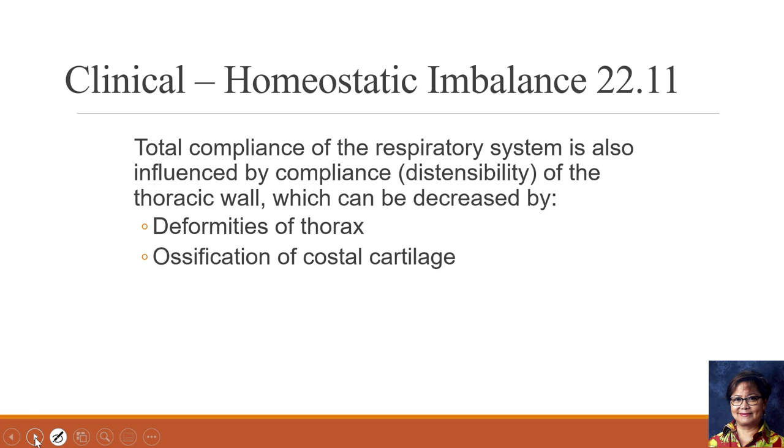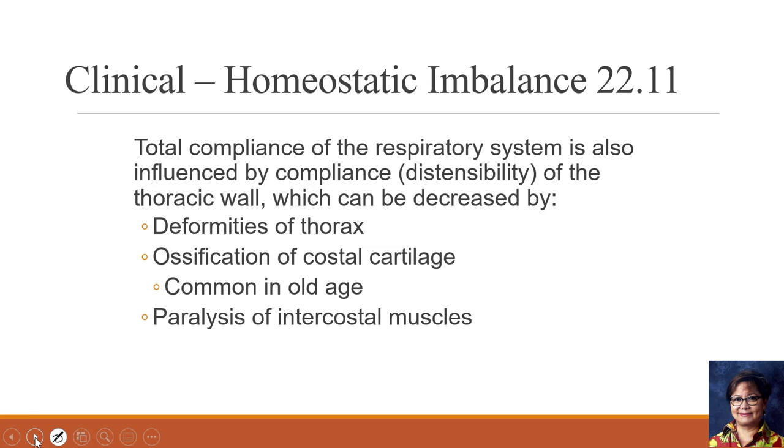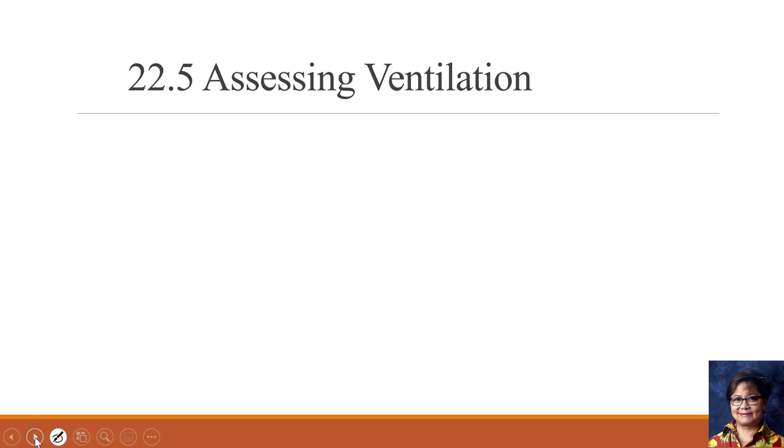Yeah, there we go, ossification of the costal cartilages. These are very common among old people, or as we are aging, or if there's any reason that can cause the muscles of the intercostal area to be paralyzed.